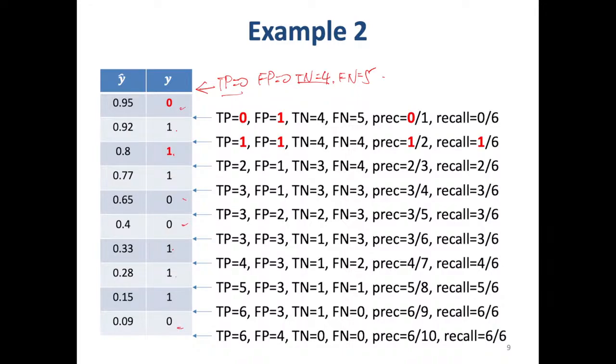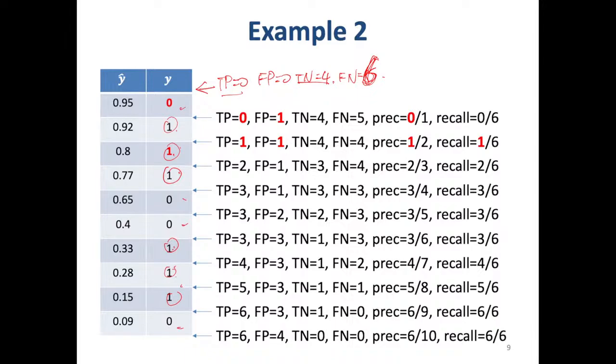False negative is I predicted as negative, but I'm wrong. So which means all the ones here. Oh, sorry, so that's 6, right? This should be 6. 1, 2, 3, 4, 5, 6. Okay, I predicted as negative, but I'm wrong. Okay, so that should be 6.